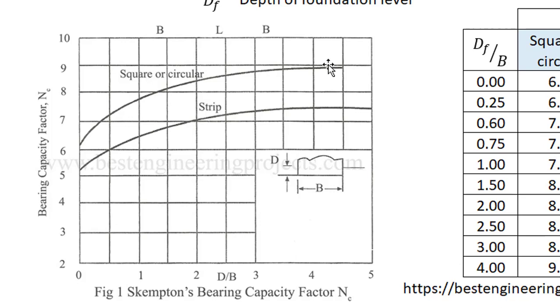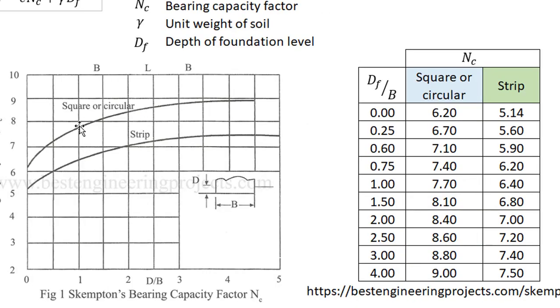Now we will use this curve. This curve is represented by this table. For D between B values, we have NC values if the footing is a square or circular or a strip.